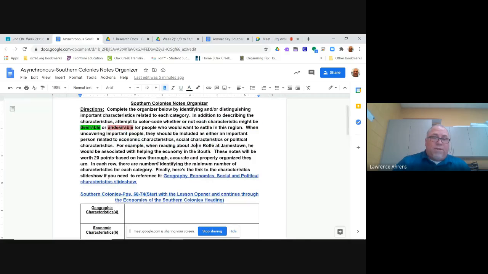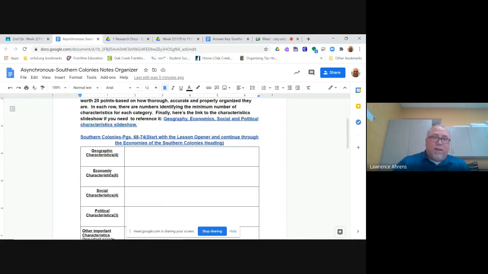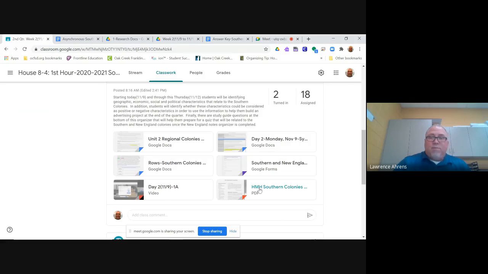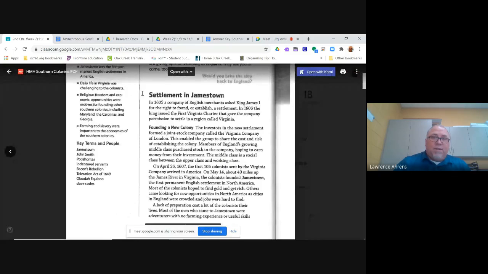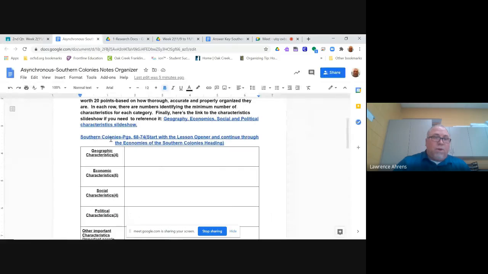All right, now the first thing we're going to do is take a look at what we need to have done. We're going to be on page 68, and I also posted the HMH here. We're going to be starting on page 68, the settlement in Jamestown, and working today through page 70, into the beginning of daily life in Virginia.